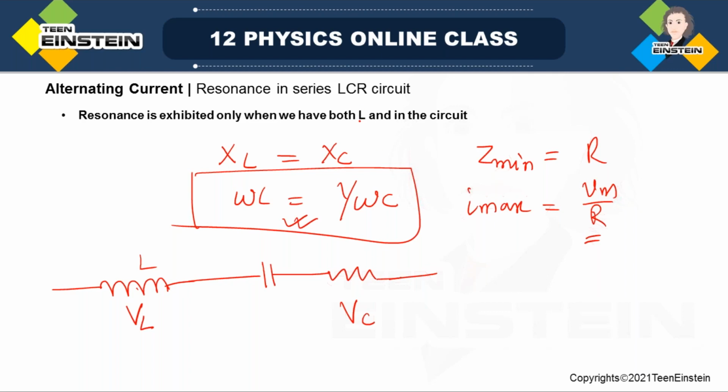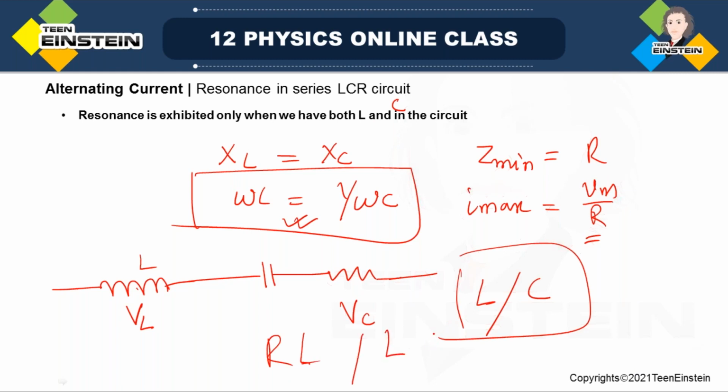For resonance to happen, we need two components, L and C. This is a necessary condition that you should have L and C in your circuit. Otherwise, if you have only L and R, or only C and R, these circuits cannot exhibit any resonance, because in that case the voltage drop across L and the voltage drop across R will be additive, nothing else.